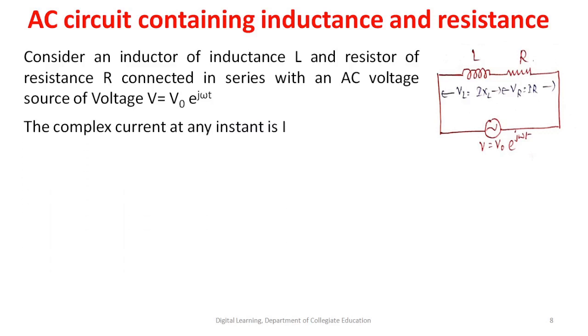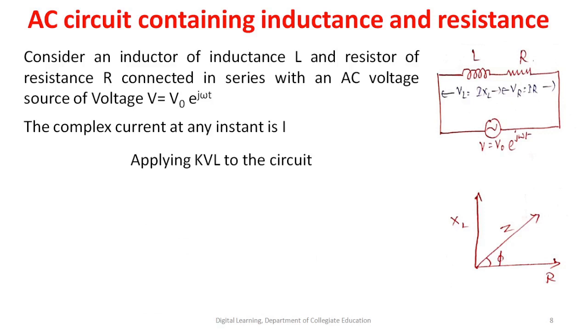Complex current at any instant of time is I. Since the circuit contains resistance as well as inductance, we have already studied that it contains two parts: a real part R and an imaginary part, the reactance due to inductance, that is inductive reactance. The combined opposition, that is impedance, is acting along the z direction.